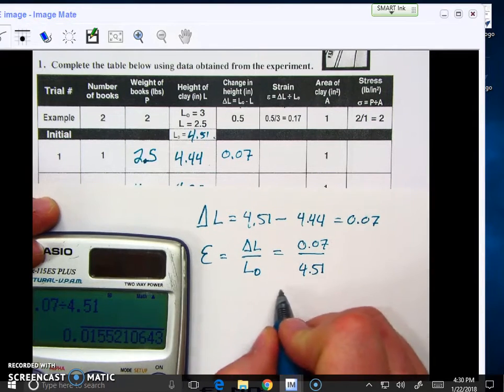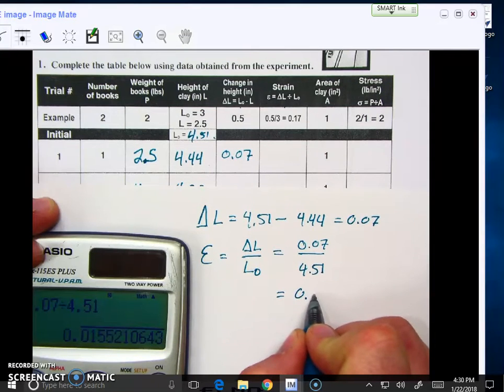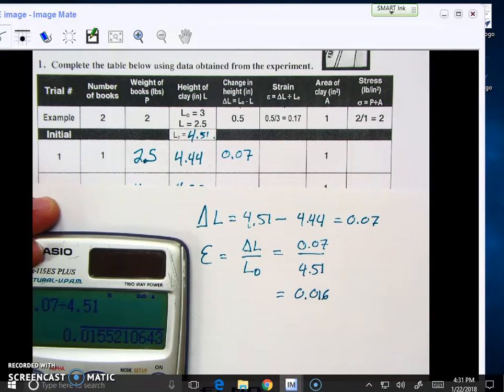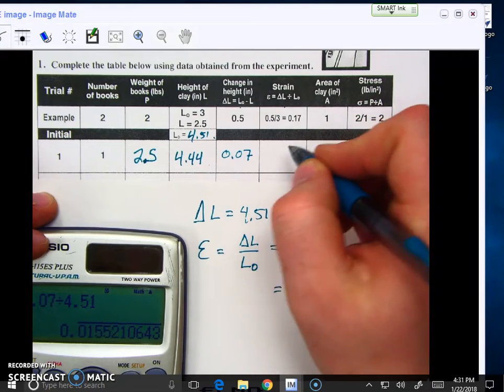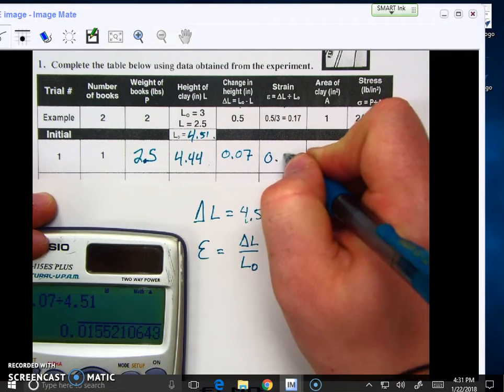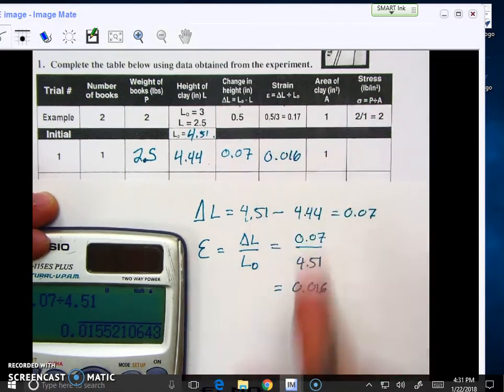And so that gives me a value of 0.016. So that's the current strain on my piece of clay. So let me write that in real quick. It's going to start out relatively small and should get bigger as we progress.